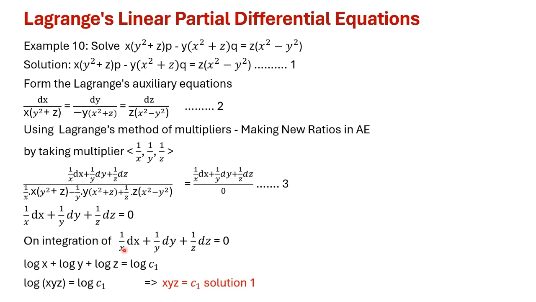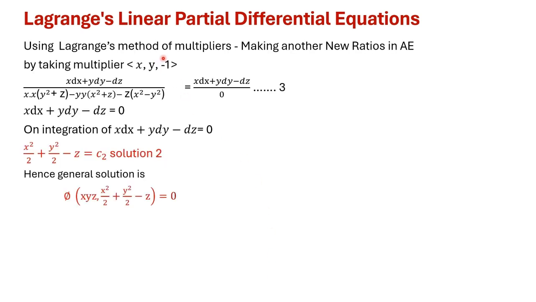On integrating this, integration of 1 by x is log x, plus integration of 1 by y is log y, plus integration of 1 by z is log z, is equal to integration of 0, which is a constant c1, but for ease of calculation we will take the constant as log c1. Now using the log property, we'll get log xyz is equal to log c1. This log and this log will get cancelled, we'll get xyz is equal to c1, which is solution 1.